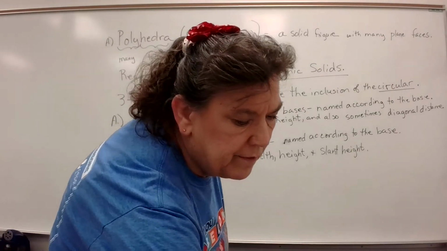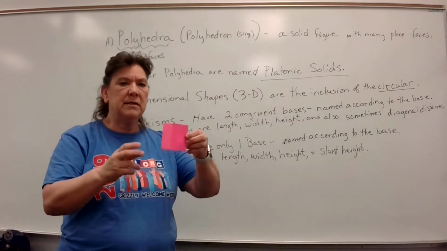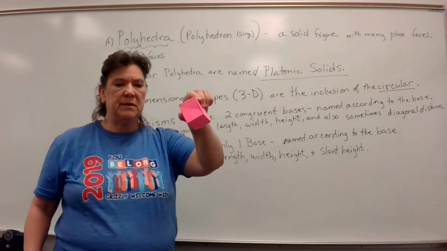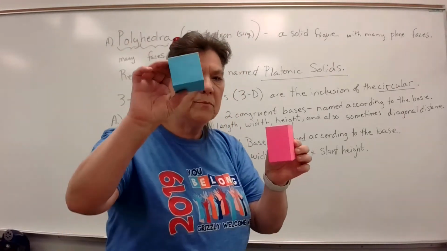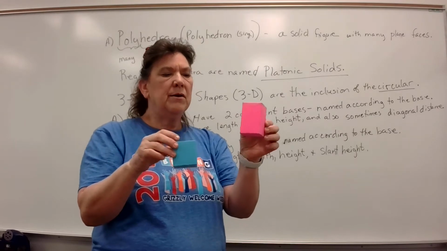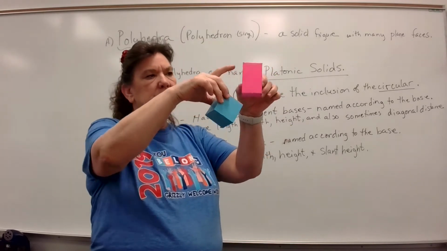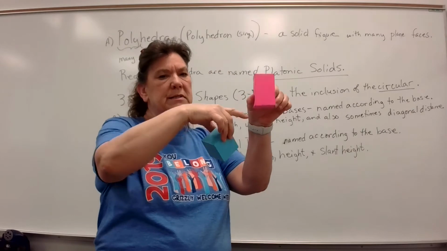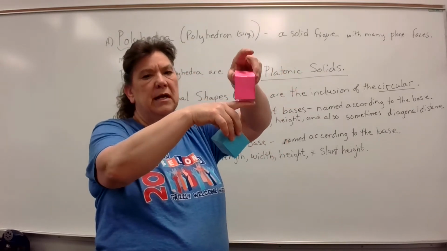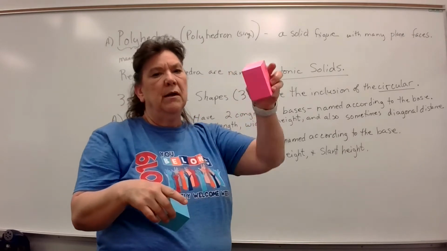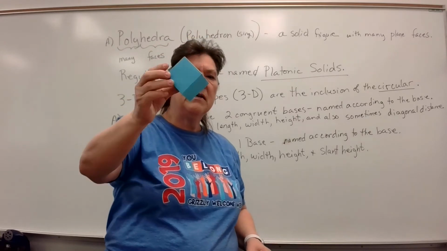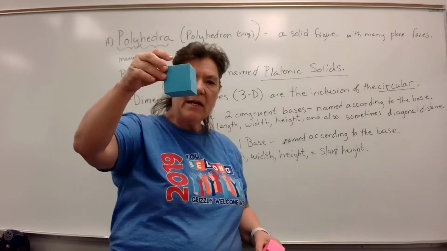Okay, let's erase that. But before we do, let's look at a few of them. Here we have a prism. You see, it's like a box. This is another prism, and they're not the same shape or the same size. On this one, see my two congruent bases? In fact, I could use any one of these sides as my base. On this one, all of them are the same size, so it wouldn't matter which one you chose.